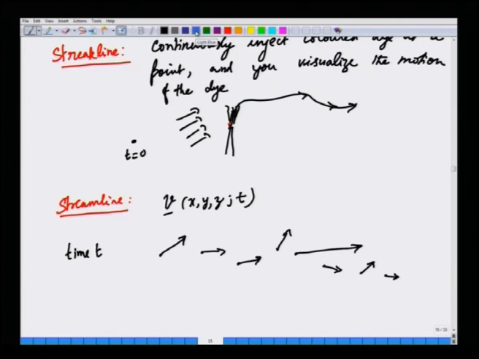Okay. Streamline is a line that is instantaneously tangential to the local fluid velocity vectors. So, let me try to draw this as tangential as possible.